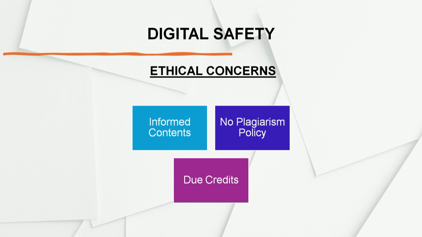The content should be verified properly. So that is very important. Unauthentic information can affect the trustworthiness of an individual. So while we are creating or putting up information, our credibility should not be lost. No plagiarism policy, that is, copied information can be identified very easily.